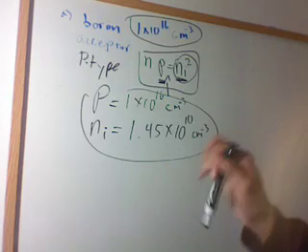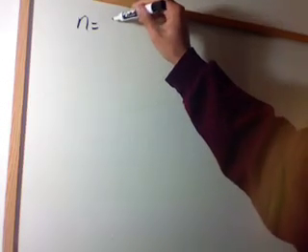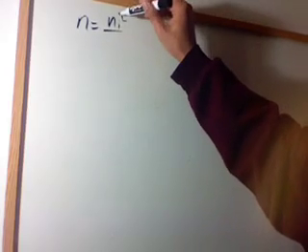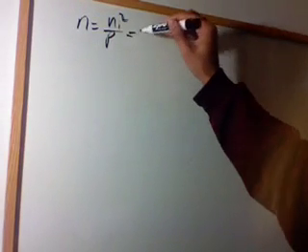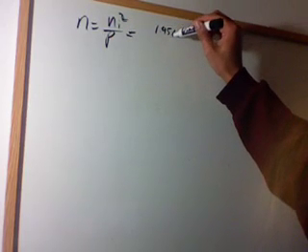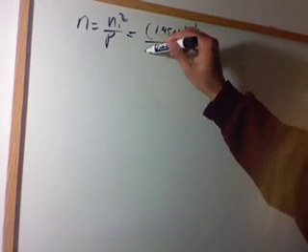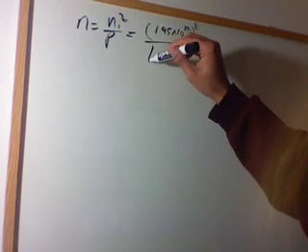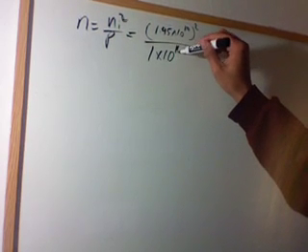Well, I'll show you what you get. You're going to rearrange your equation, so you get N equals Ni squared over P. Ni squared is 1.45 times 10 to the 10 squared, divided by P, which is 1 times 10 to the 16.